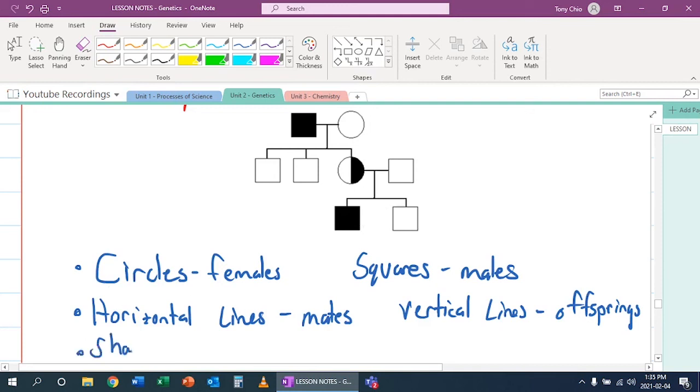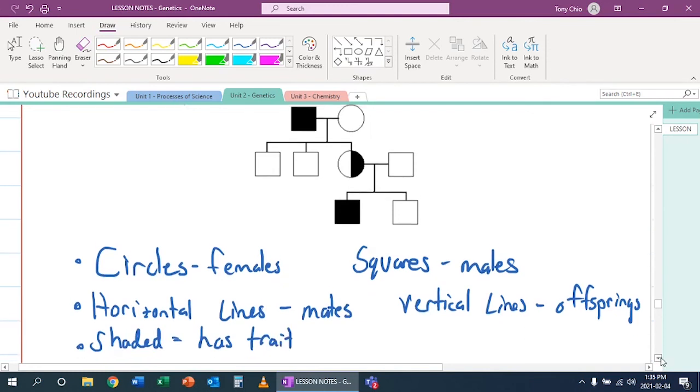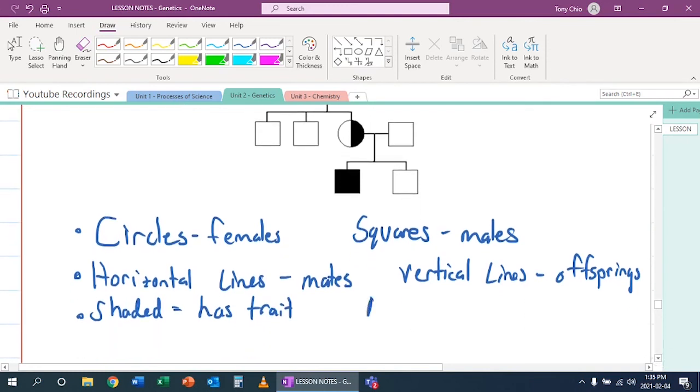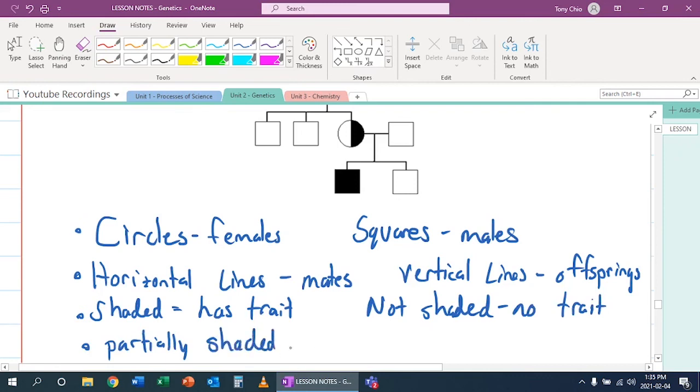Shaded in equals has trait. So for example, if the trait is colorblindness, they have the trait. And then not shaded is no trait. And what if they're partially shaded? Partially shaded is heterozygous in this case.